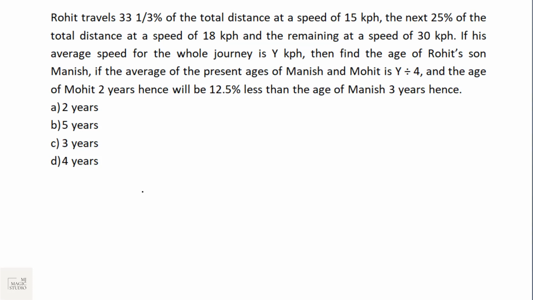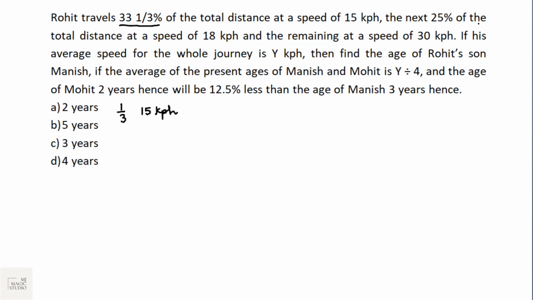A typical TCS question on the screen, which comprises more than 1 or 2 concepts which we need to use. Rohit travels 33 1/3%. You should be able to convert percentage into fraction as quickly as possible. That means 1/3 of the total distance, at a speed of 15 km per hour.